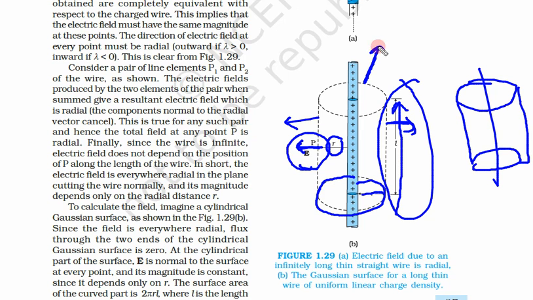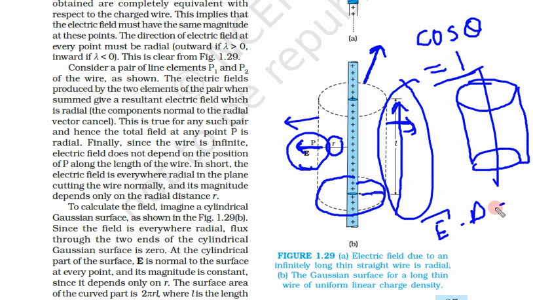So both the electric field and the normal to the surface point in the same direction. That means cos theta is equal to cos 0, that means 1. So in each and every case, E dot delta S is simply E delta S.